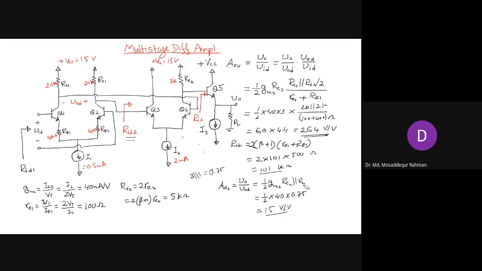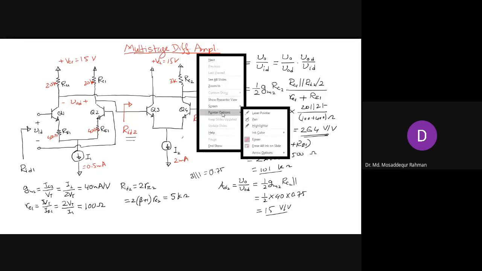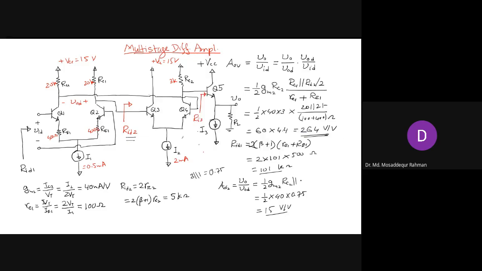So now, instead of RL, we will have Ri3.